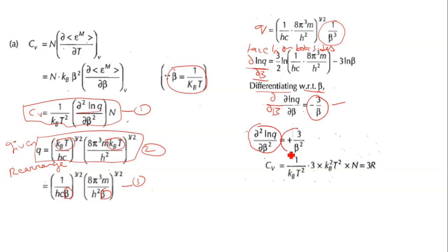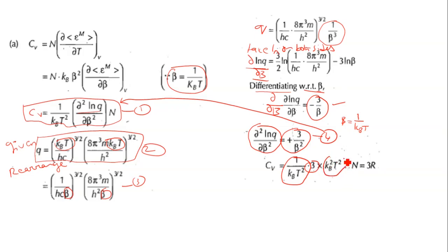Now you substitute this equation 4 in equation 1. You will get CV equal to 1 by kBT square into 3 by beta square. Now you put the value of beta, beta equal to 1 by kBT. You will get 1 by beta square as kB square T square.